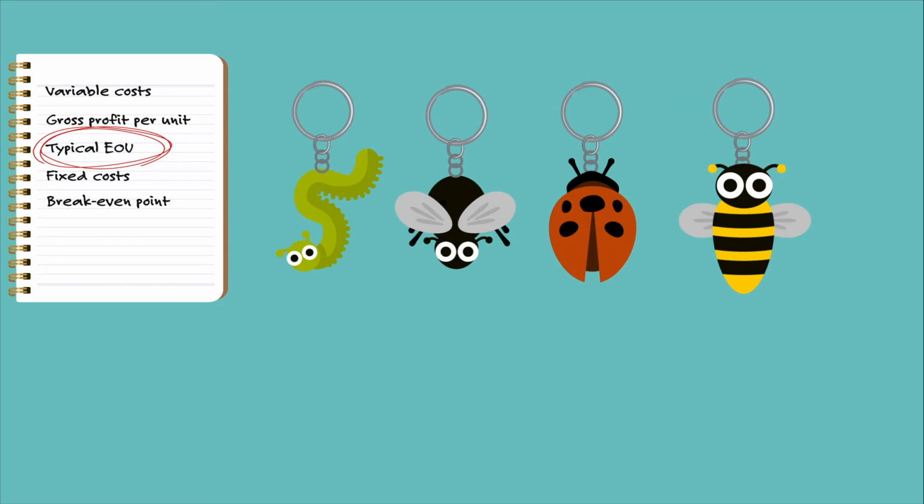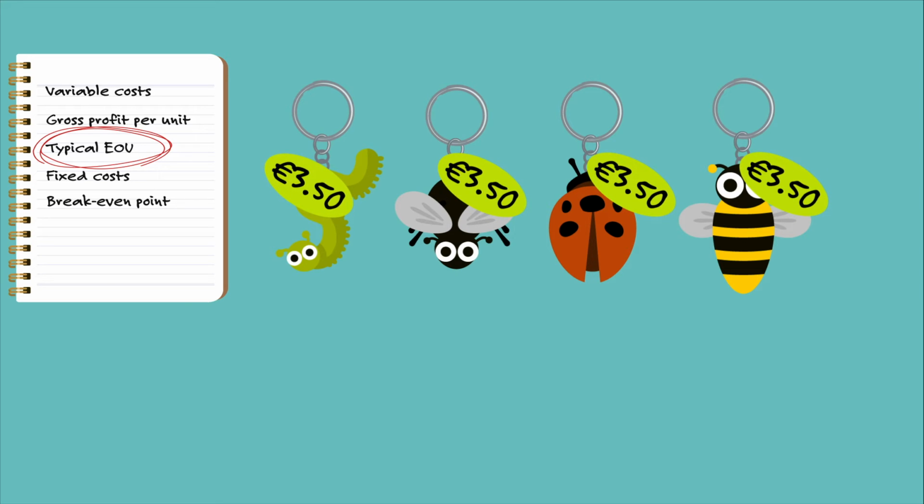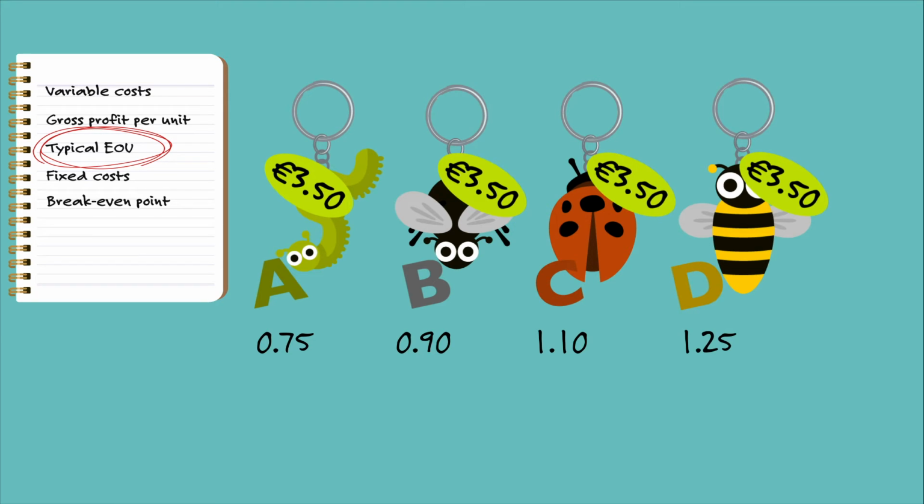Claire sells 4 different types of keyrings. She sells them all for €3.50, but buys them from a wholesaler at different prices. She buys keyring A for 75 cents, keyring B for 90 cents, keyring C for €1.10, and keyring D for €1.25.